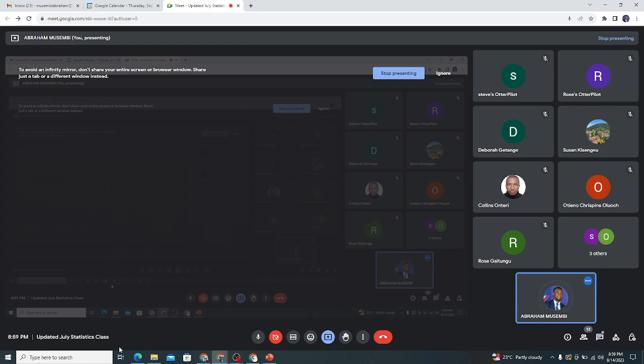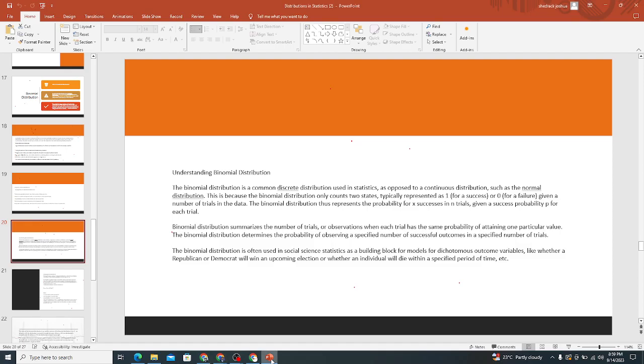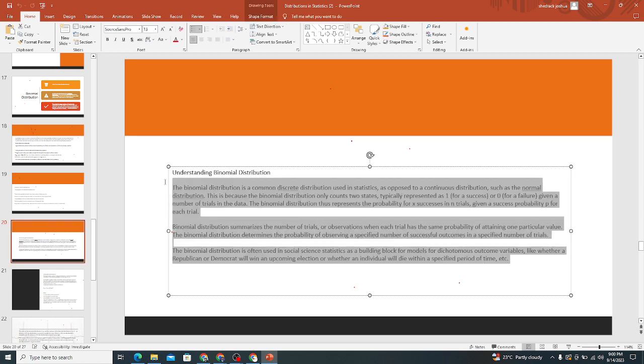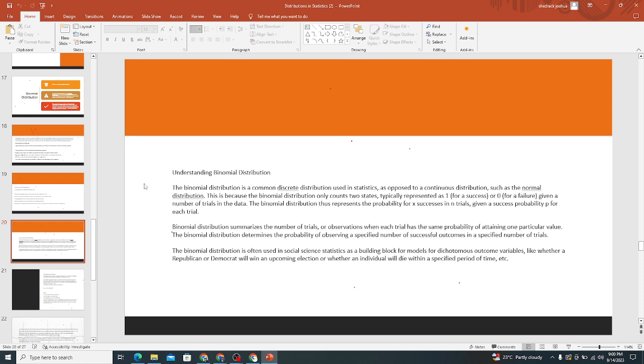Good. Let's continue. So now, understanding the binomial distribution. This will be a repetition of what we've already discussed, but I can just read through the notes so that we may see if we are missing any point.